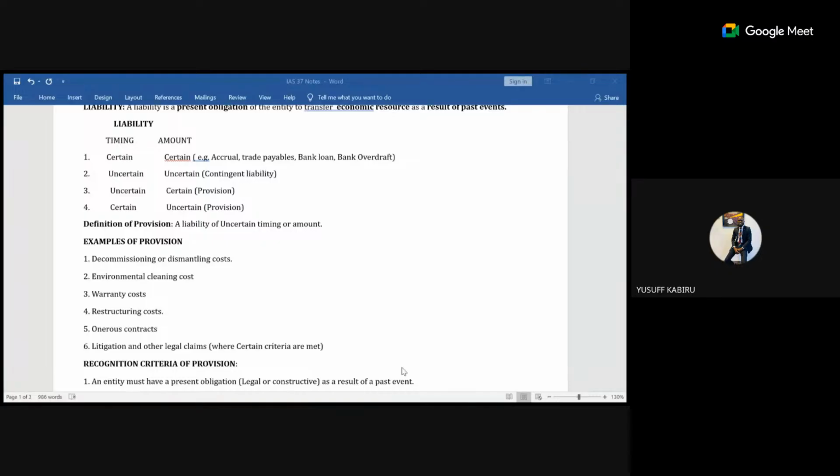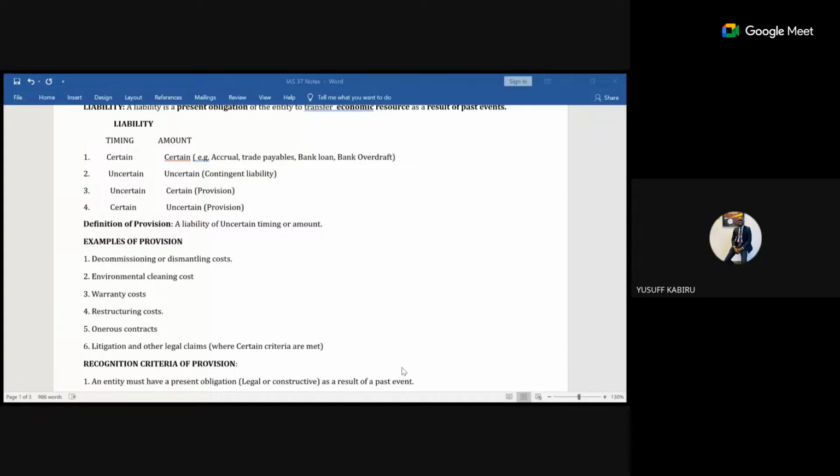When there are programs that will change the activities of the business, in the future you have to make provision for it, because there are some costs you will incur whenever you are restructuring. There are some staff you are going to lay off and pay compensation to. So restructuring cost is an example of provision.